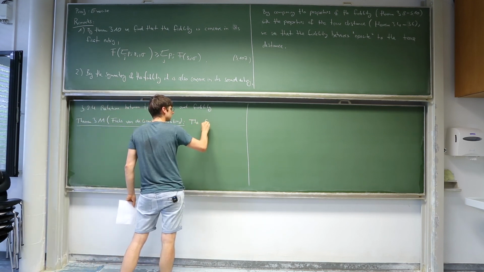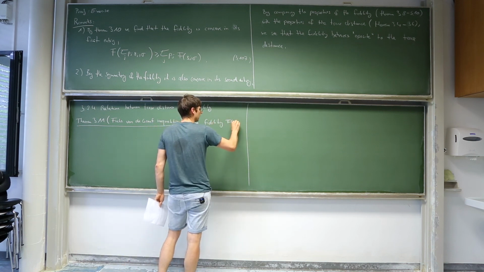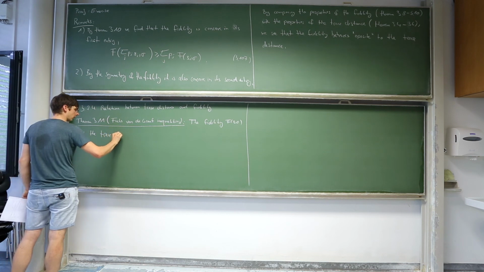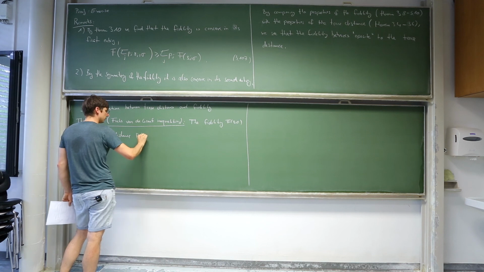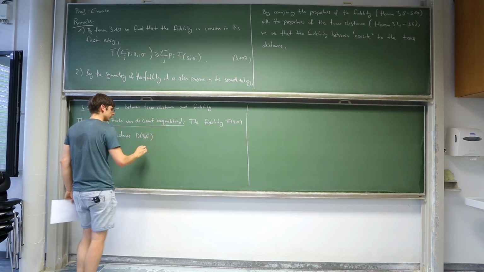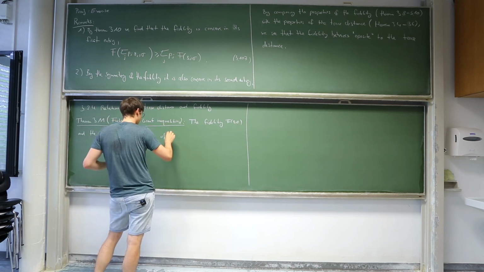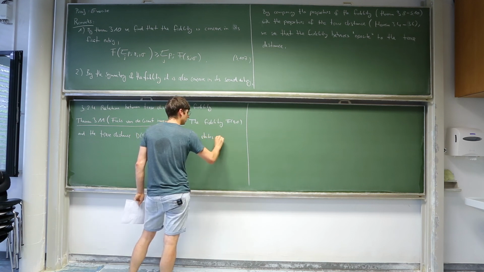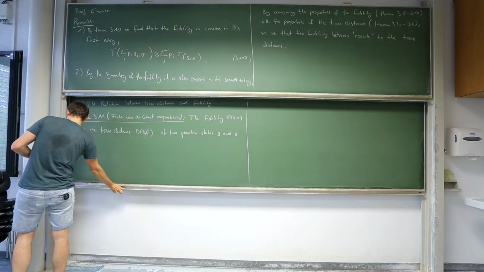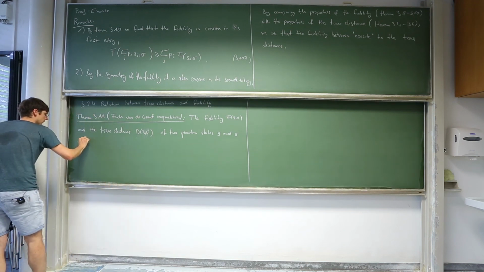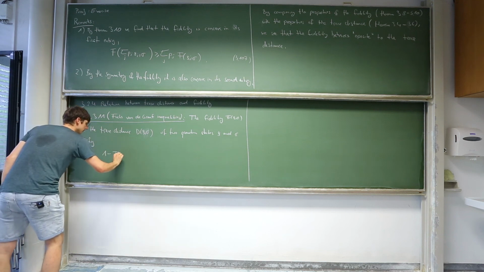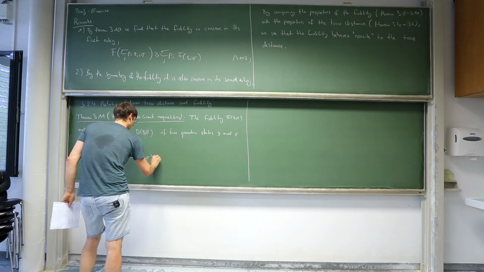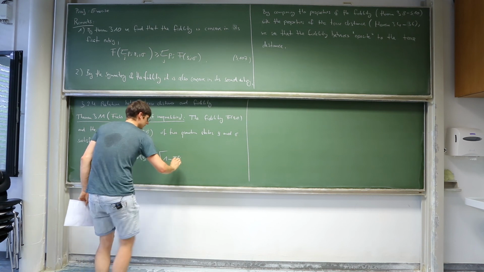The fidelity f of rho and sigma and the trace distance d of rho and sigma of the quantum states rho and sigma satisfy that 1 minus the fidelity of rho and sigma is smaller or equal to the trace distance of rho and sigma, which is smaller or equal to the square root of 1 minus f squared of rho and sigma.